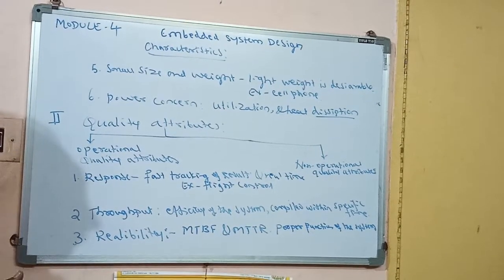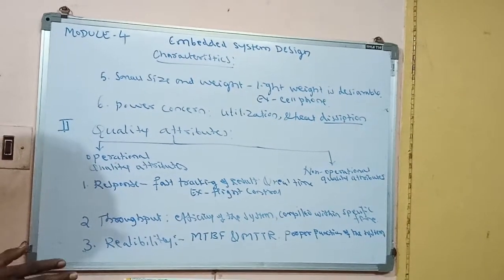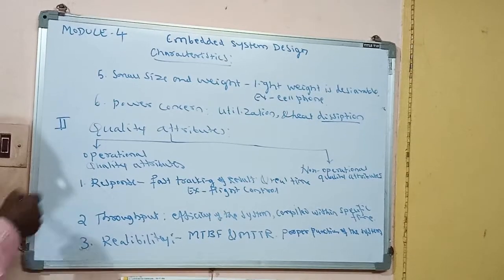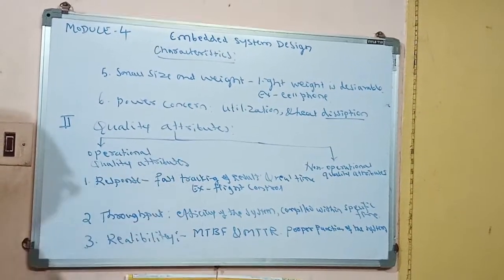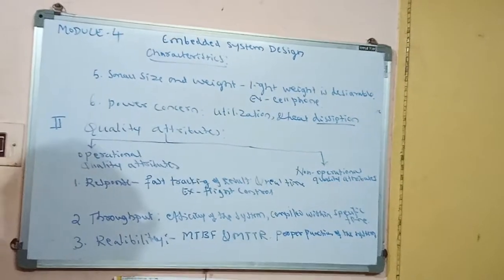So many parameters we can consider in the quality attributes. Basically you can classify them into two types. Number one is operational quality attributes. Another type is non-operational quality attributes.